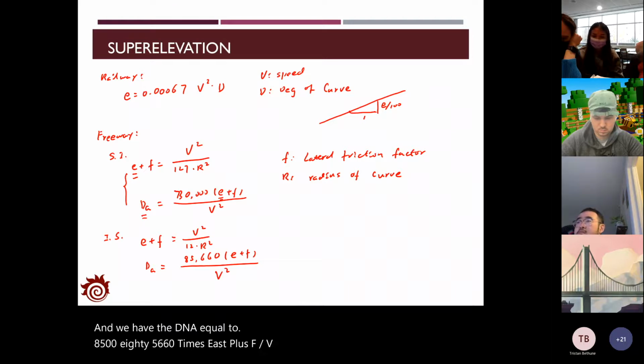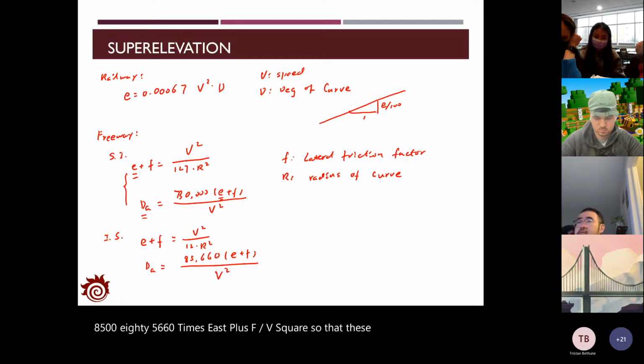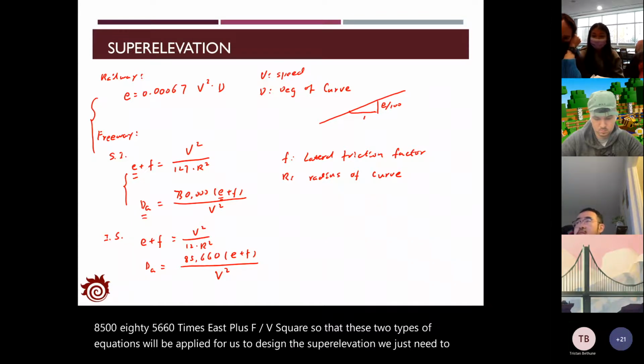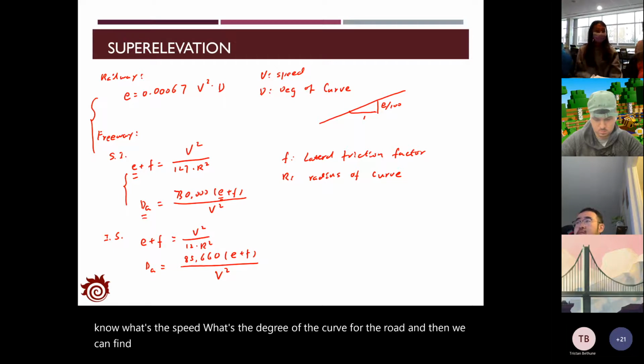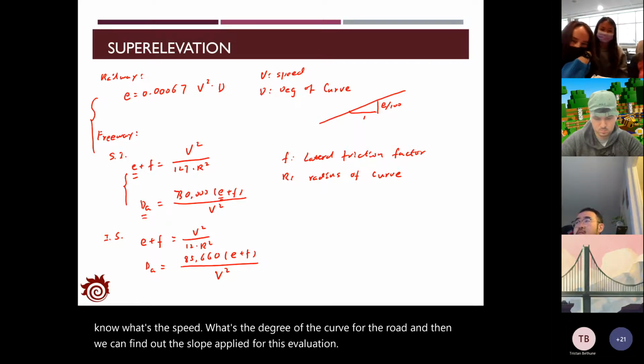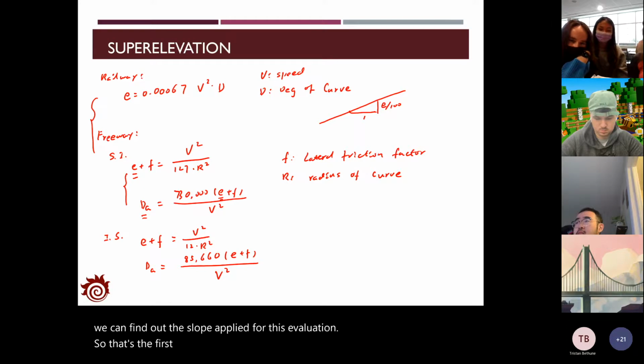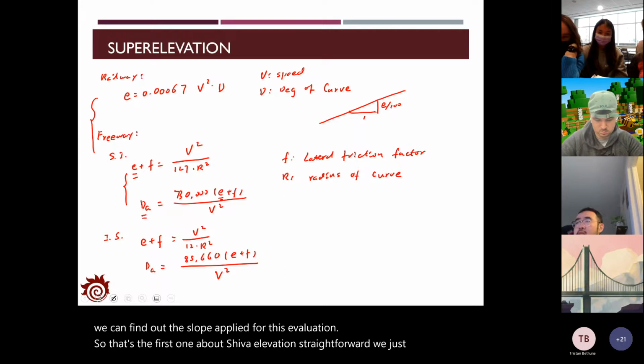So these two types of equations will be applied for us to design the super elevation. We just need to know the speed and the degree of the curve for the road, and then we can find out the slope applied for the super elevation. So that's the first one about super elevation. It's straightforward. We just apply the equation to calculate the slope.